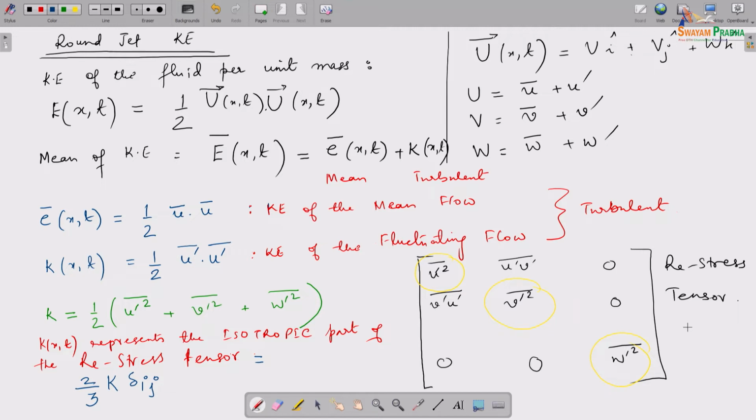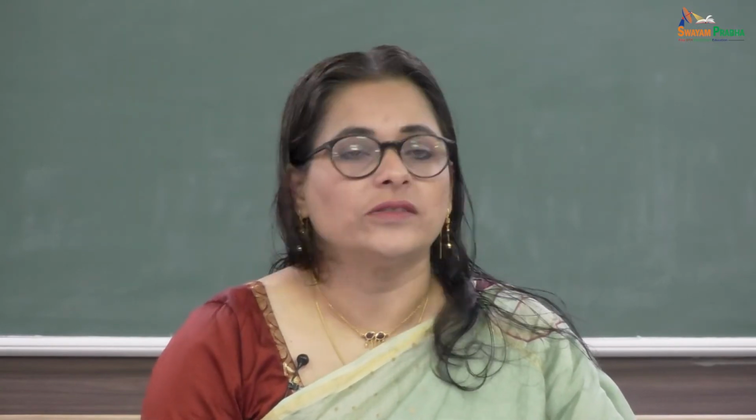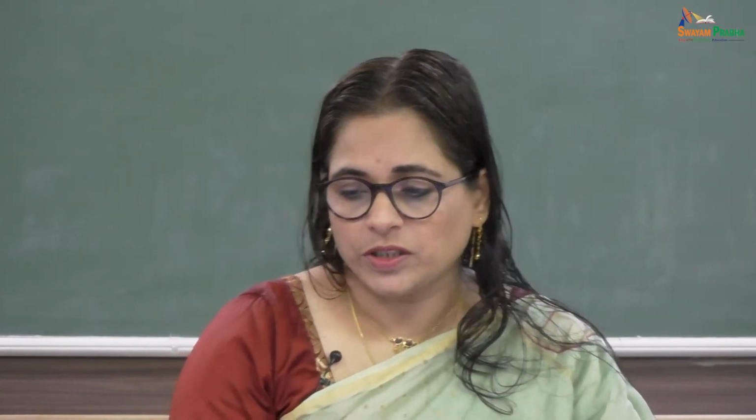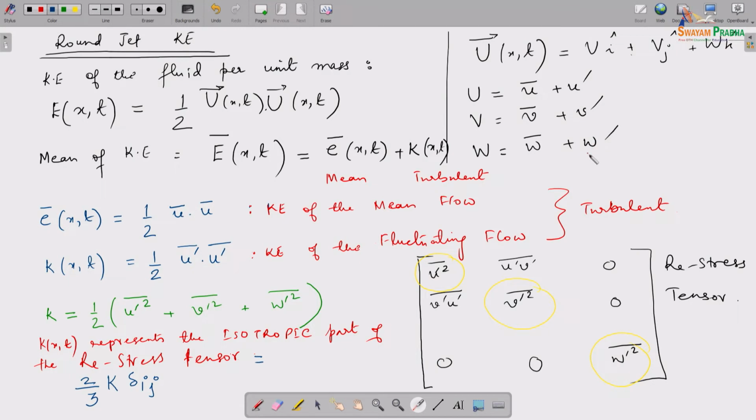So if I'm able to calculate the kinetic energy of the fluctuating part of the flow, then from there you can get the Reynolds stress tensor. That's what we were just saying, right? How do you go and individually calculate these fluctuating values?